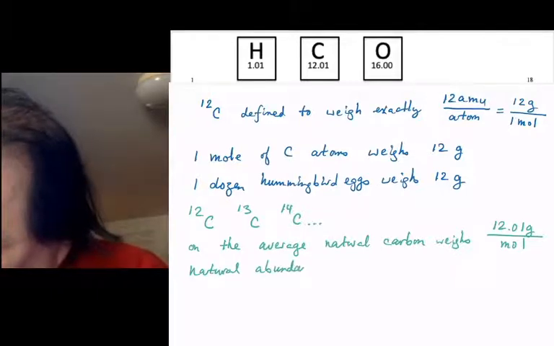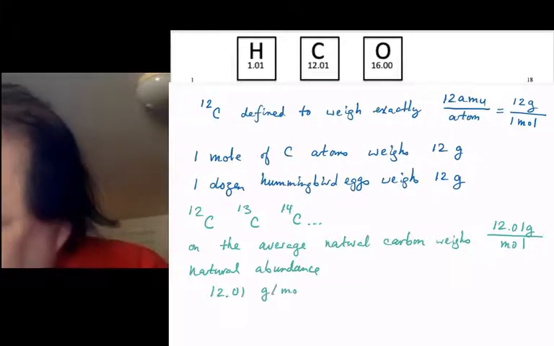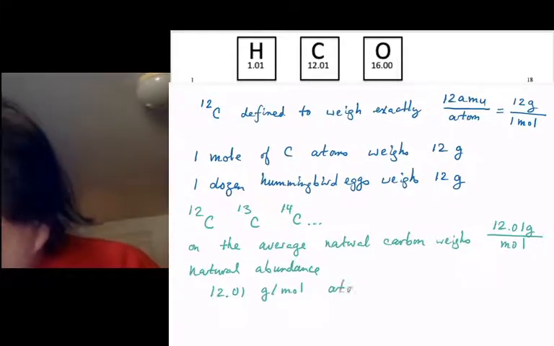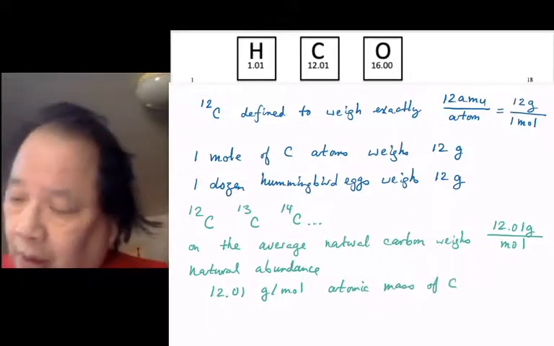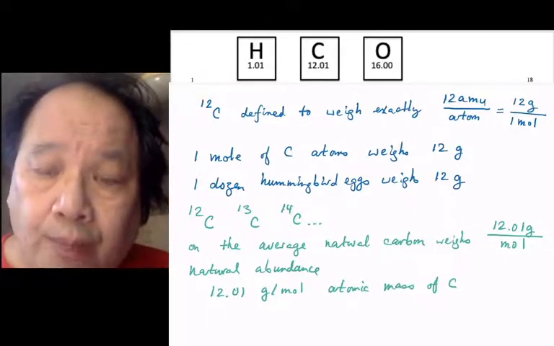12.01 grams per mole is called the atomic mass of carbon. You can see hydrogen is 1.01.